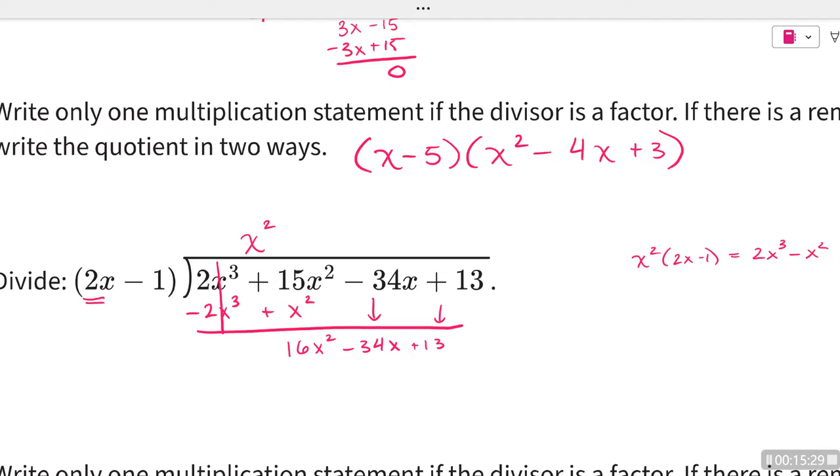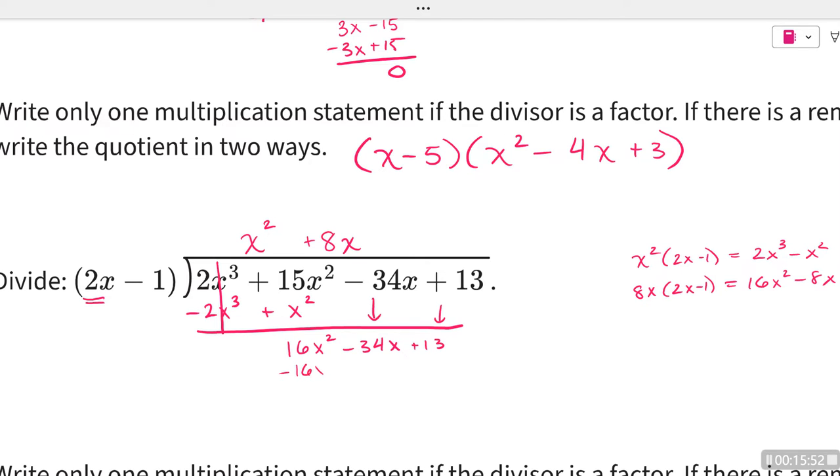Okay, so 2x and 16x squared. Well, 2 times 8 is going to give us 16. And to get an x squared, I want one more x. So 8x times 2x minus 1. Let's see what that gives us. That gives us 16x squared minus 8x. So I'm going to switch both of those signs because I want to subtract.